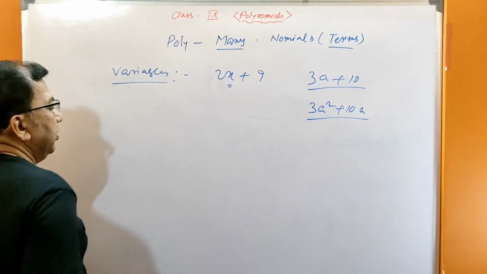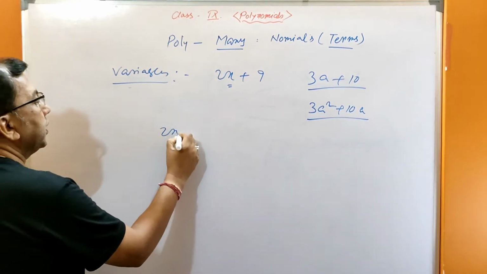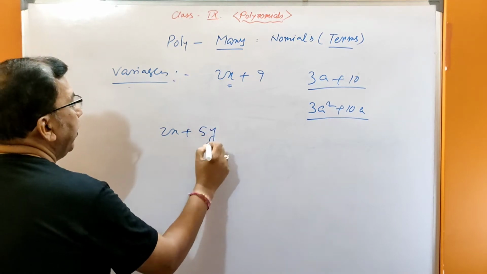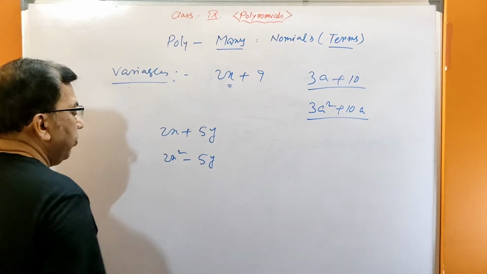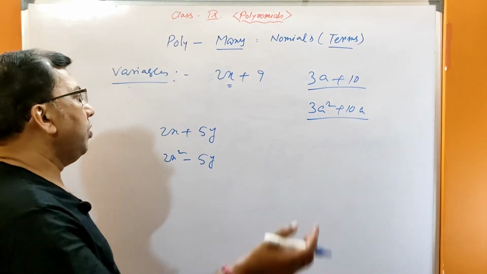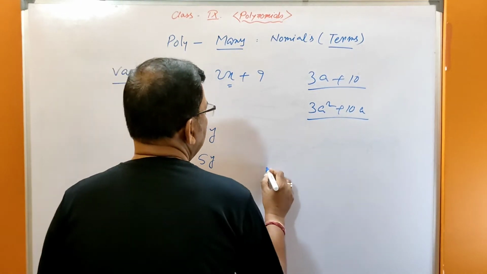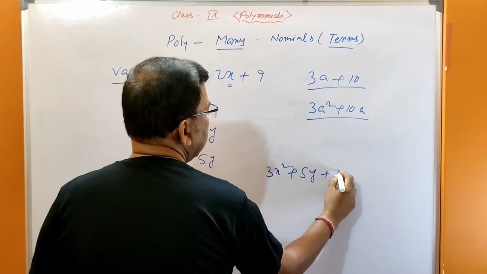Polynomial of two variables, that will be two variables. It is 2x plus 5y, 2x square minus 5y. There are two variables. Polynomials of three variables: 3x square plus 5y plus z.